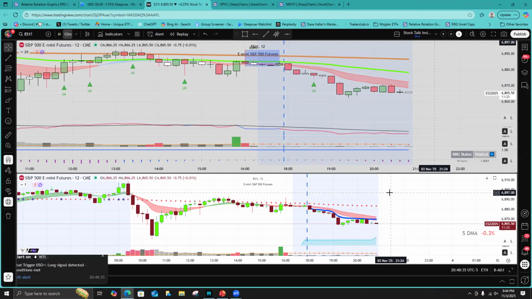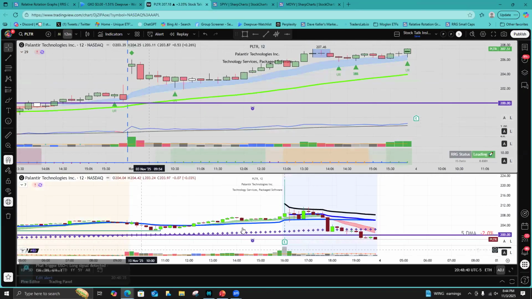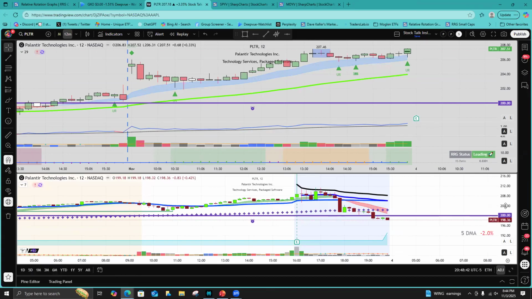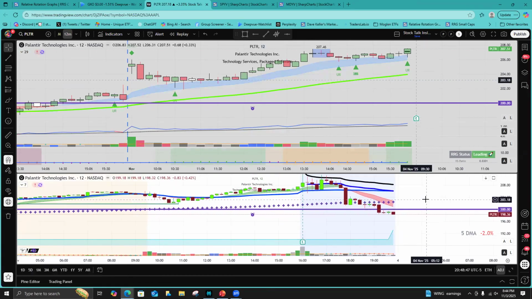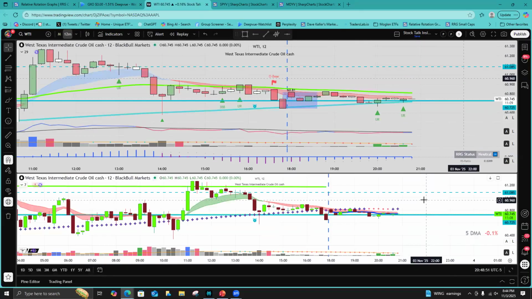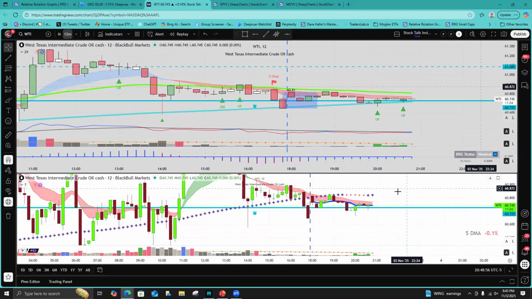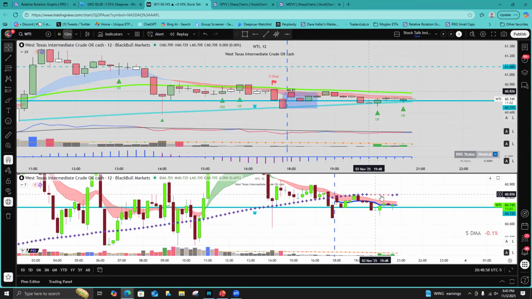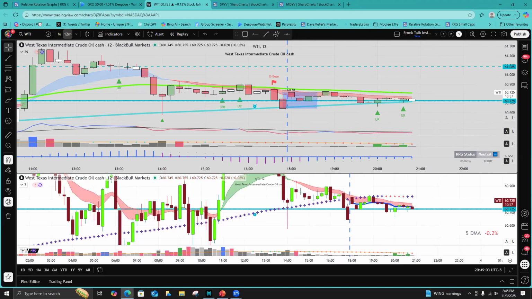See how PLTR is hanging. Closed out at a low. WTI keeps trying right there. Got some good volume coming in right there. But that first tip right there, that red turning down, that's concerning. We'll see. All right, I'll get my list in there and we'll get started.